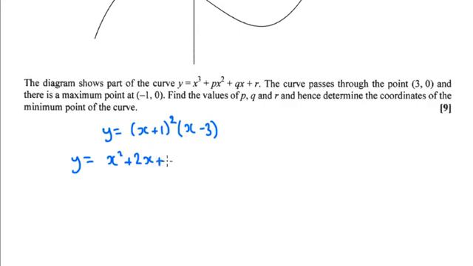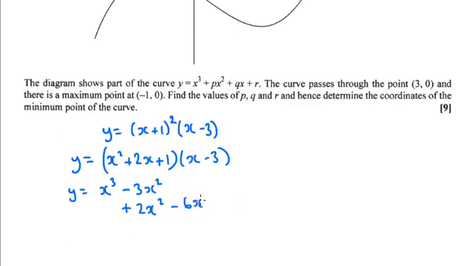The first bracket expands to x squared plus 2x plus 1. So then if we incorporate the second bracket as well, we're going to get x cubed, which we're expecting. We're going to get minus 3x squared, a plus 2x squared, a minus 6x, a plus x, and a take 3.